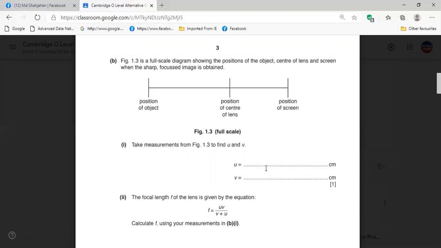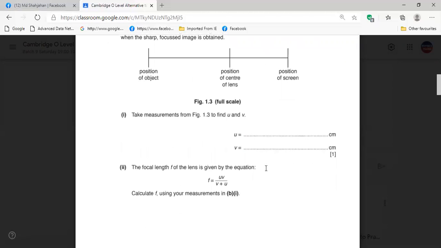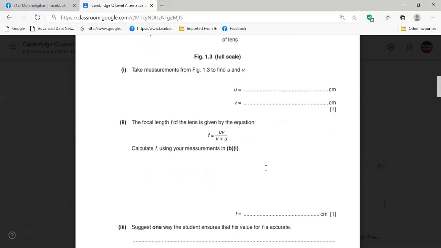Yes, sir. And what is your focal length? 2.5 centimeter. Sir, 2.49. 2.49 centimeter. Okay, fine. 2.49 or 2.5, same thing. One is two significant figures, another one is three significant figures.